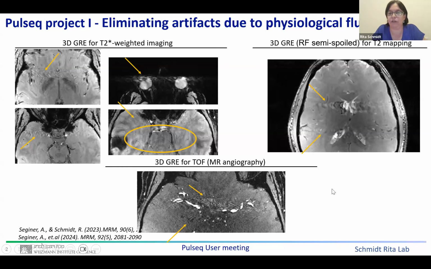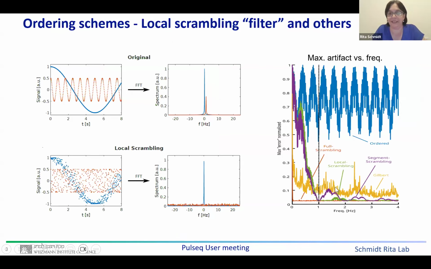In order to remove them, to make the story very short, we came up with an idea of local scrambling or shuffling the order of the acquisition, which we can define in a specific window of shuffling that will define a cutoff frequency.